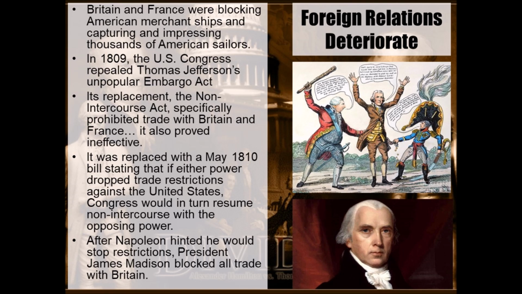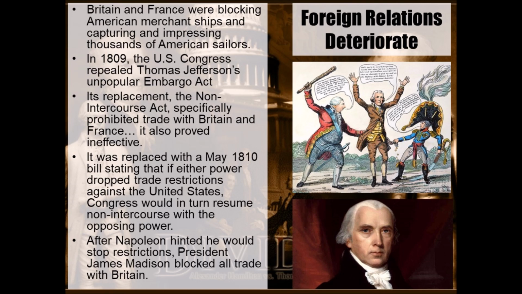Now, as we mentioned, this problem with American sailors being captured continues to be a problem. One of the things that Jefferson does to combat it is he passes what's called the Embargo Act. It basically blocks any trade with either Britain or France.